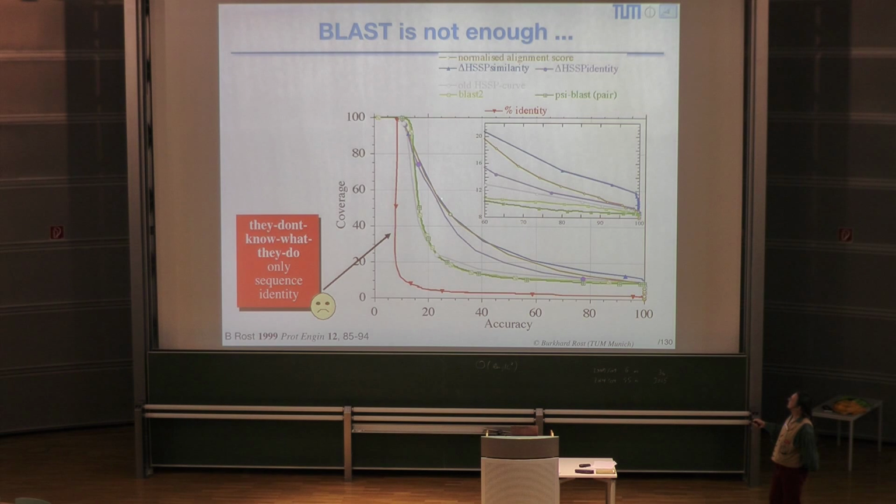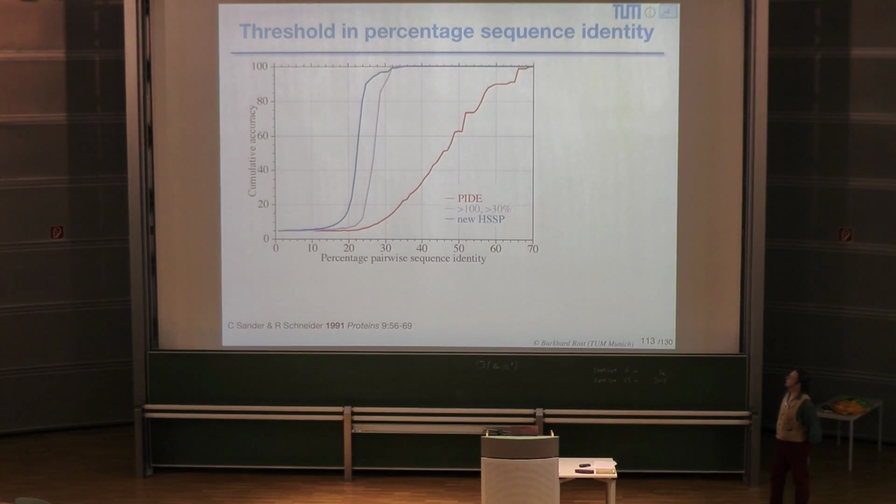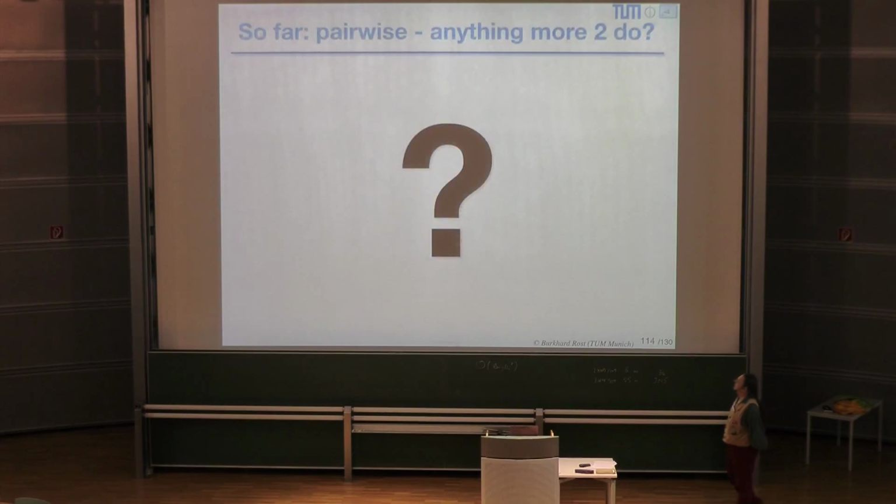The cleverest thing is to use the raw alignment score or this HSSP curve that I showed you before, and that's sort of the best thing that you can get. But it's way different from this. So as long as the pairs are very similar, we can do it. As soon as they're no longer this similar, for pairwise alignments, we have a serious problem. That's essentially the message here.